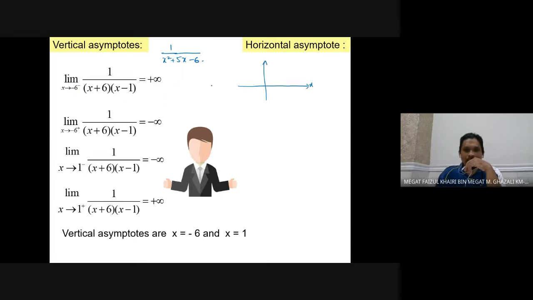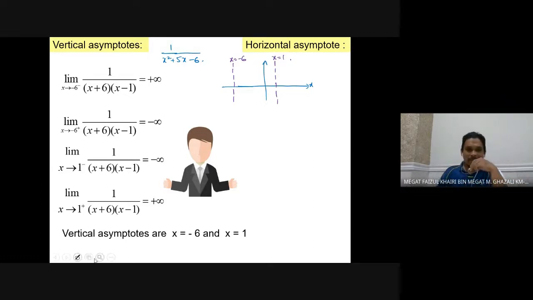When x equals negative 6, x equals negative 6, and x equals 1. x equals 1. Okay.